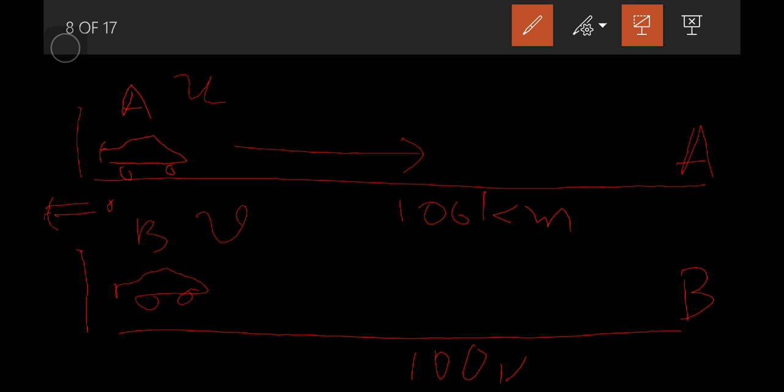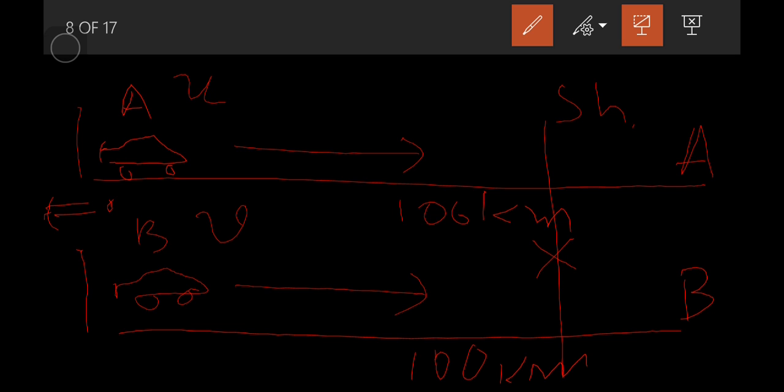If both cars travel in the same direction, then they meet after 5 hours.